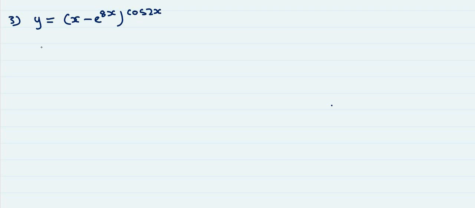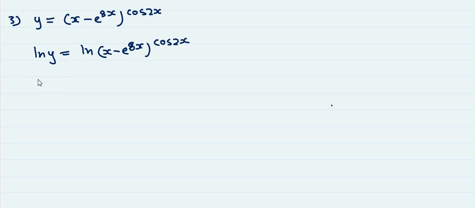So with the aid of logarithmic differentiation, we introduce a log on both sides, or ln y equals to the ln of x minus e to exponent 8x all to the exponent cos of 2x.